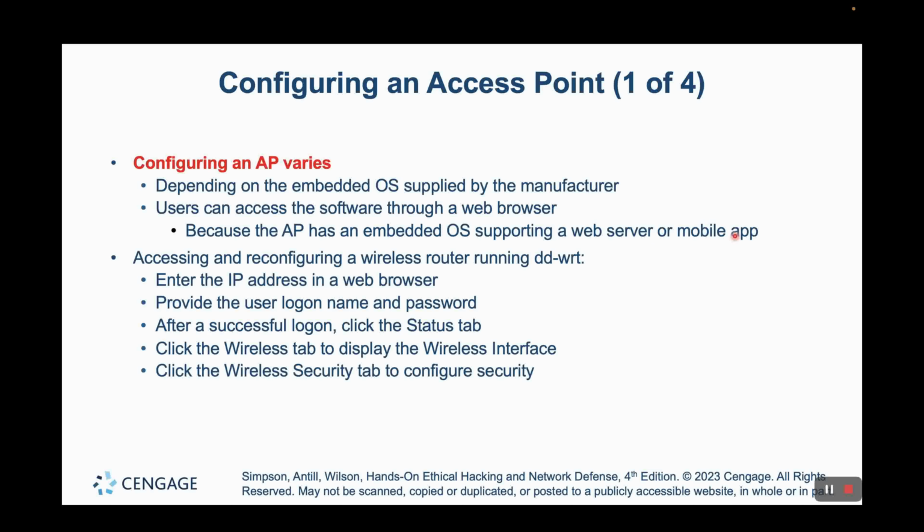Accessing and reconfiguring an access point router, for example DD-WRT, is straightforward. You type the IP address in the web browser and provide the user login name and password. Most of this information can be found on the back of your access point router, like Linksys or D-Link: the default IP address, default username and password.